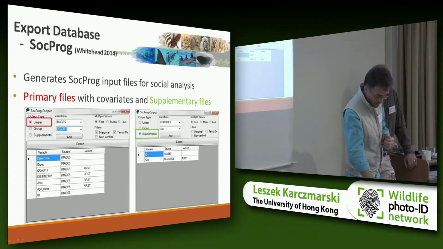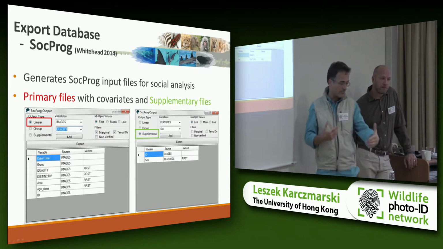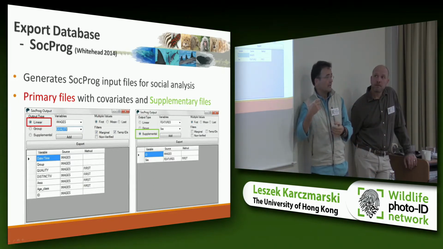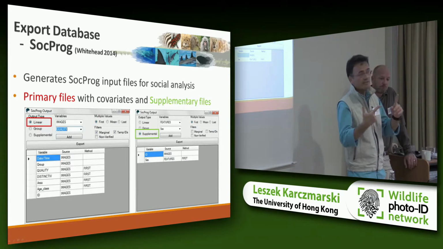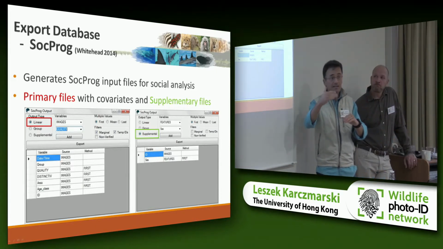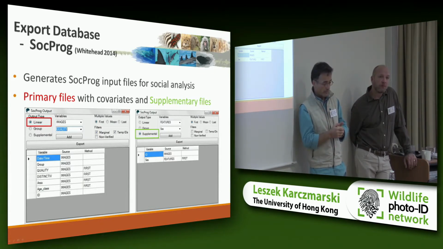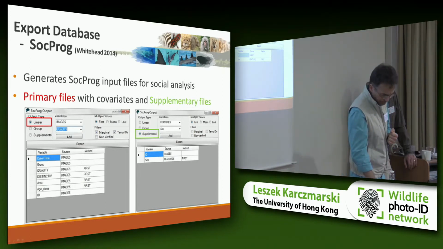So we generate the primary files and then the secondary files with covariates. In the primary files we include things like image quality and distinctiveness of individuals, which you can then select later to put restrictions on SOCPROC analysis. The same goes for supplementary files with sex, age, and so on.